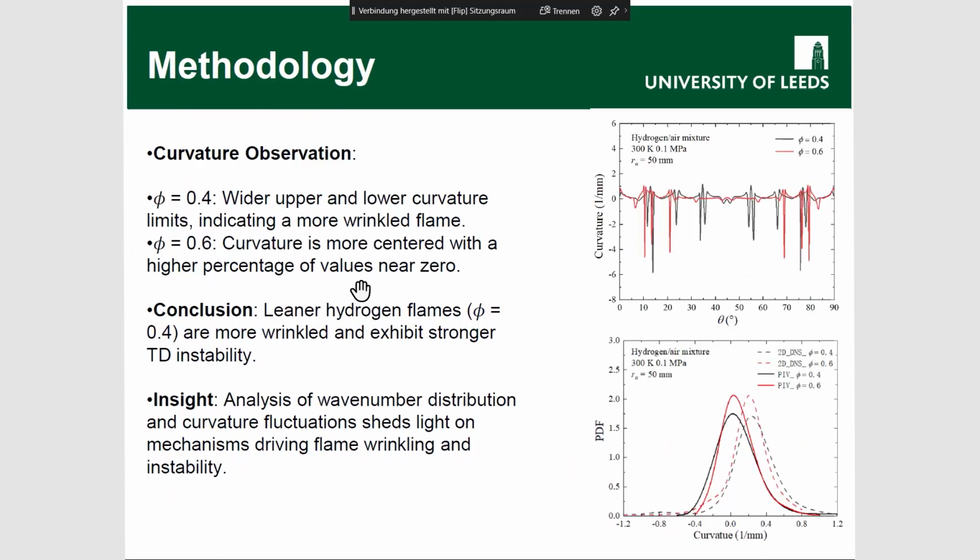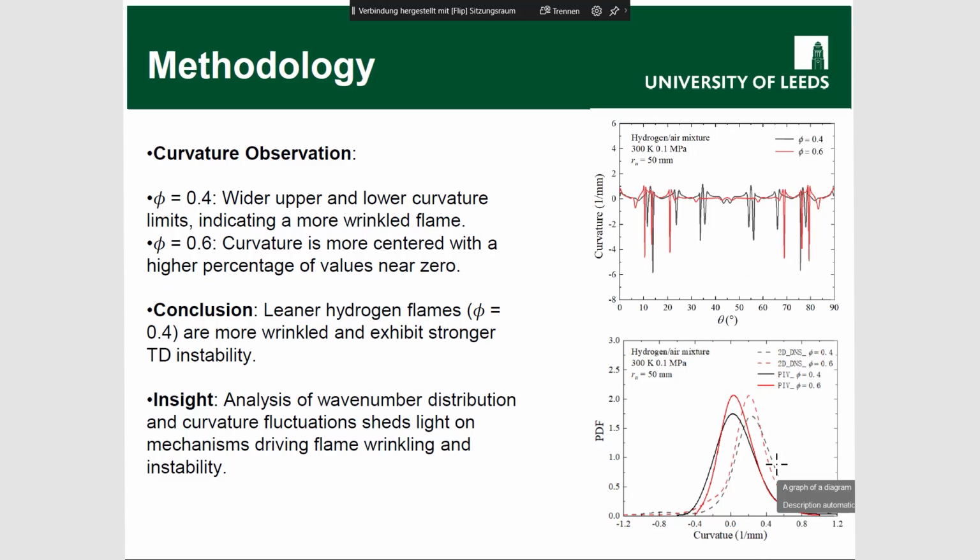But we see a shift between the experiments and the DNS modeling. For the experiments, the PIV mean result is just around 0 curvature, but for DNS modeling, it shifts to the right.